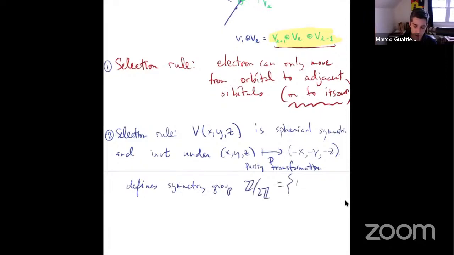It's just the group plus minus 1, a simple group of two elements. And this acts on the Hilbert space. So everything decomposes in terms of a representation of this group as well as the SO3. It's not just SO3 that's acting on these vector spaces, it's also this Z mod 2Z.